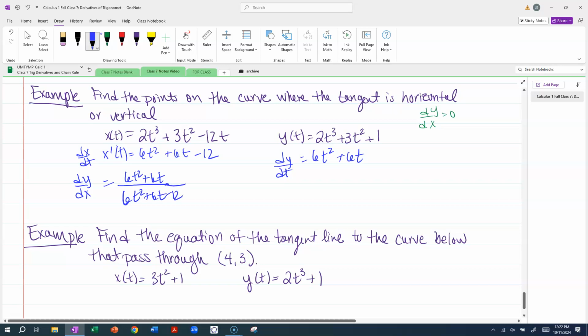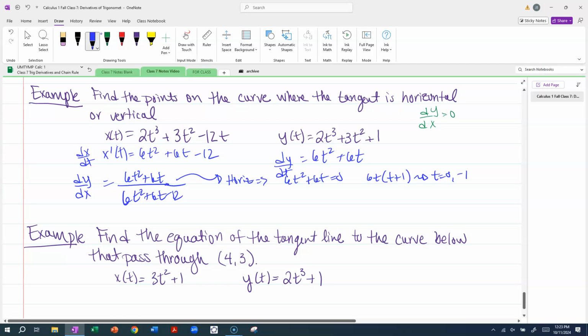For horizontal, I would set the numerator equal to 0. So 6t squared plus 6t is equal to 0. Factoring, I would get 6t times t plus 1. So t is equal to 0 and minus 1.